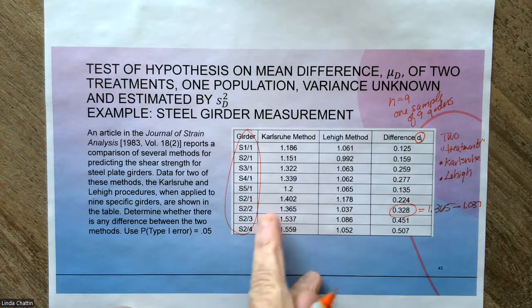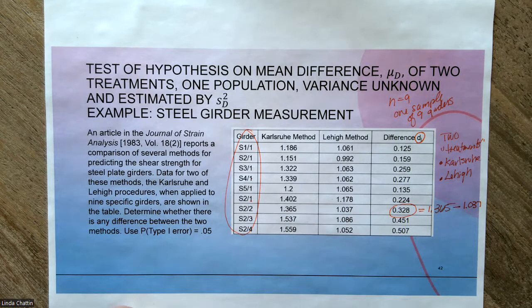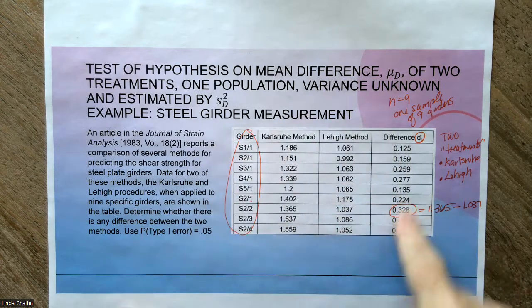Now, it really doesn't matter which one is the first column or the second column, but you have to set up your hypothesis test just right to reflect whether or not you're interested in if this difference is 0 or less than 0 or bigger than 0. So we can actually put all of this data into our calculator and come up with all of the numbers using the calculator, which is pretty great. But first, let's go through the 8-step hypothesis testing procedure and set it up properly.